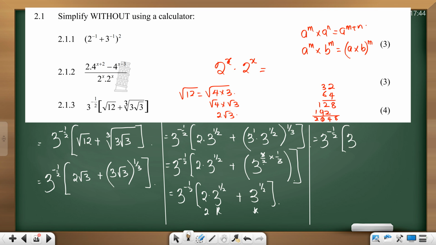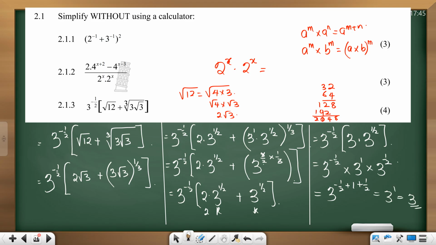In bracket, 3 multiplied by 3. Now, since I am multiplying, I add the exponents. 3 to the power 1, because negative half plus half would give me a 0. So my answer is 3.